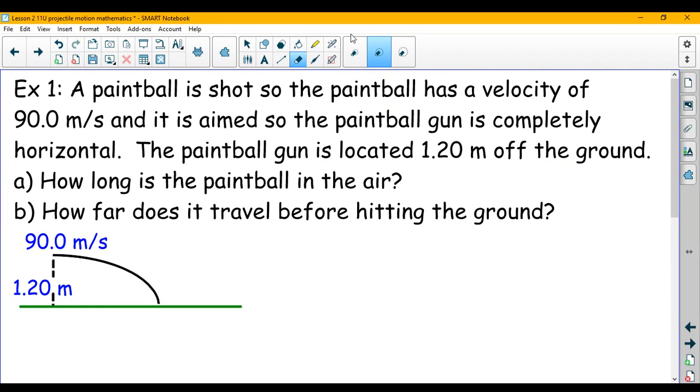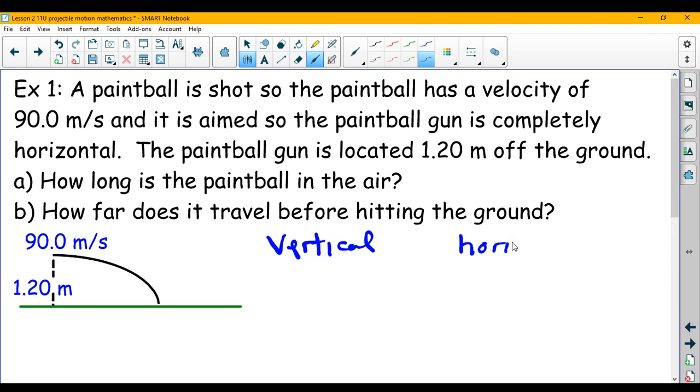Now, anytime you do a projectile motion question, your very first thing you need to do is determine what vertical information you have, and what horizontal. So I want to know, what do I know vertical and what do I know horizontal.